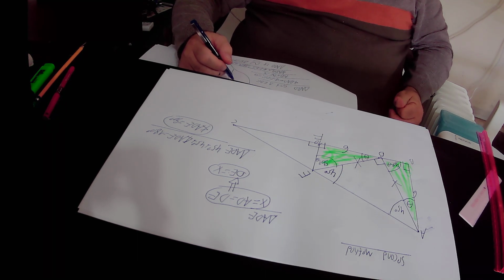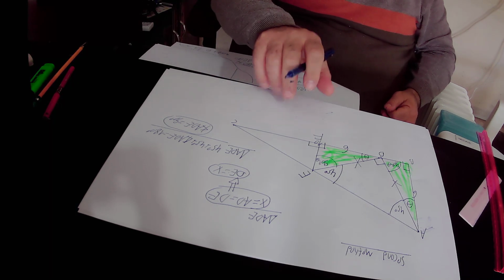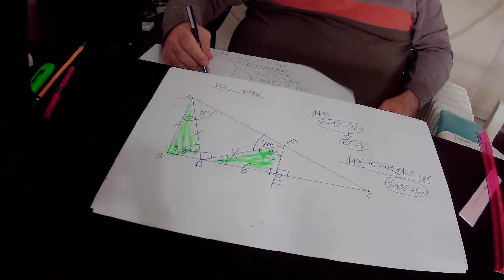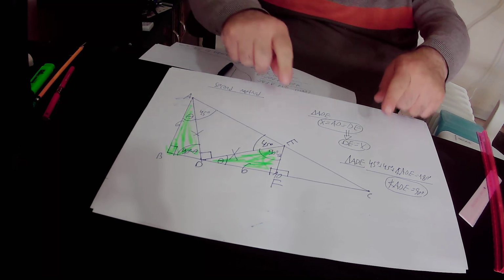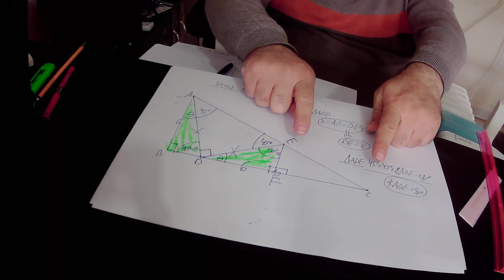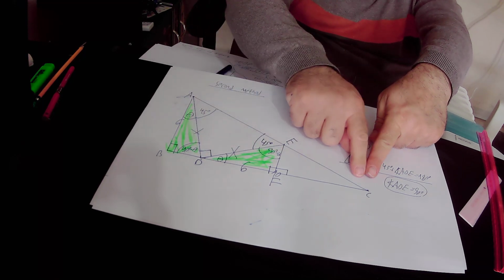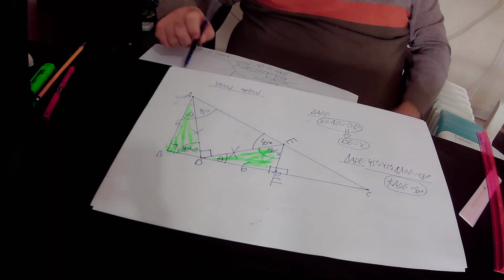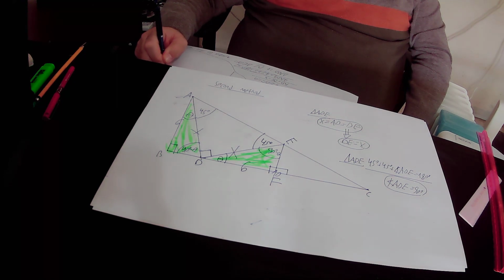And what is the value of FC? From the drawing, it is very easy to see that FC is equal to DC minus DF.